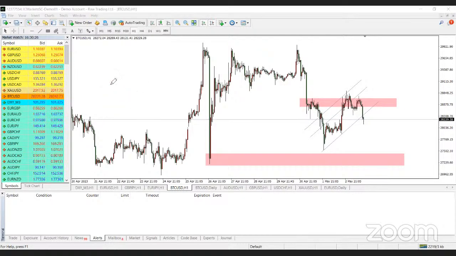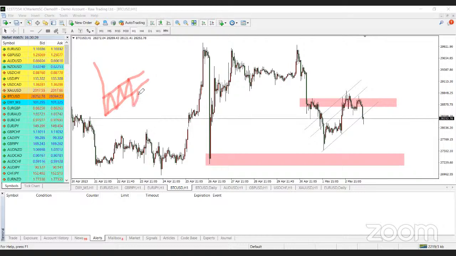Oops, sorry. Let me draw that again. It's like a flag in this manner, where you're expecting price to move inside this area and then to drop. You could even use this area as a form of retest to drop further down, at least to these lows. That means we're expecting this Bitcoin to drop at least to these lows over here, right?